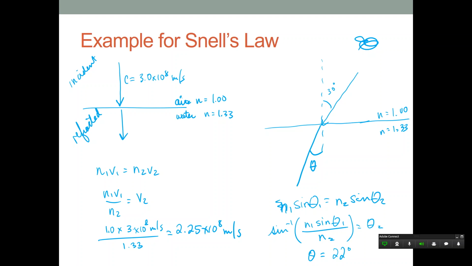And 2 is now air, so it's 1.00 sine theta 2, and this is what we're trying to solve. So if you were to solve for theta 2 here, you would get 30. Okay?